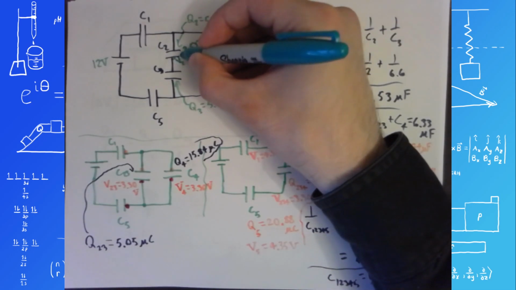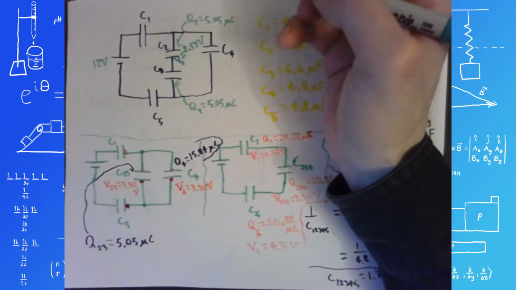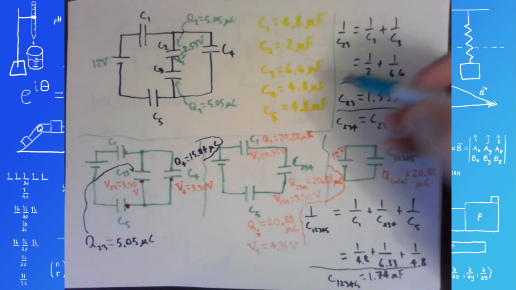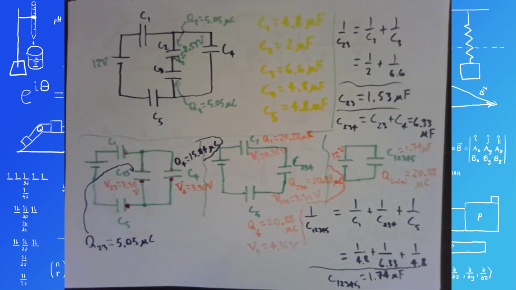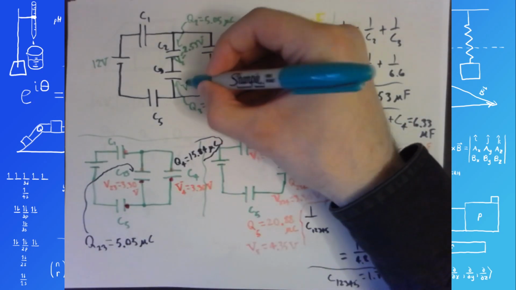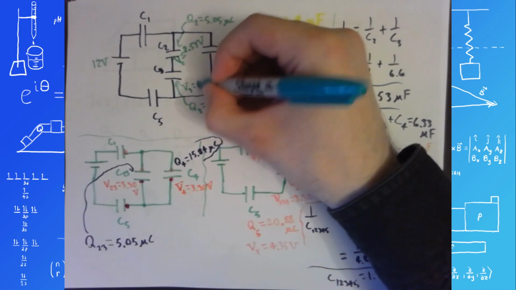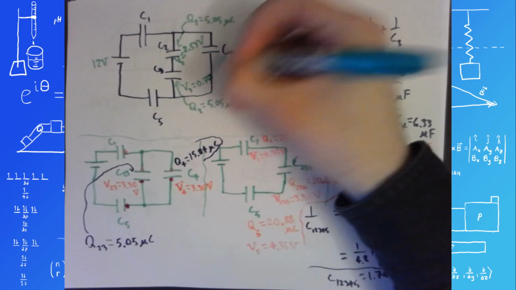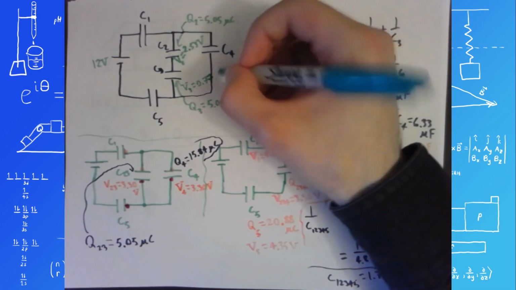V2 equals 2.53 volts. And then for C3, which is 6.6, we do 5.05 over 6.6, and I'm getting 0.765. I'm going to round that to 0.77, so V3 is 0.77 volts.